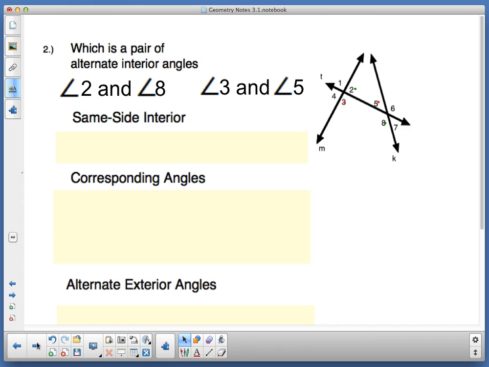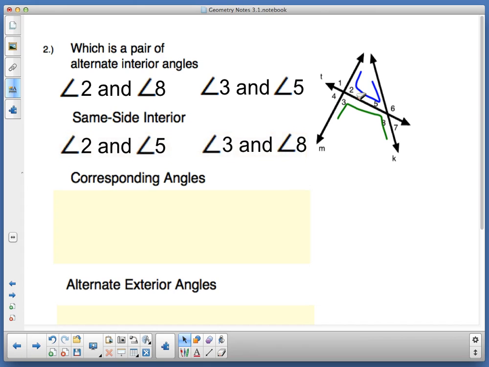Same side interiors, okay? So if I'm talking same side interiors, I'm looking at 3 and 8 are on the same side, and 2 and 5 are on the same side. Okay, are you okay with that? My same side interiors. Corresponding, okay? My corresponding.